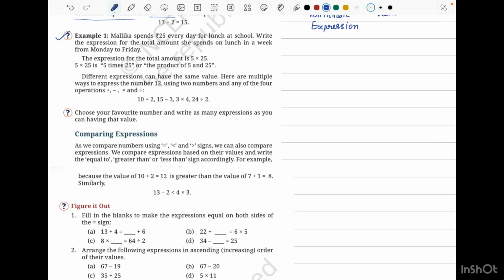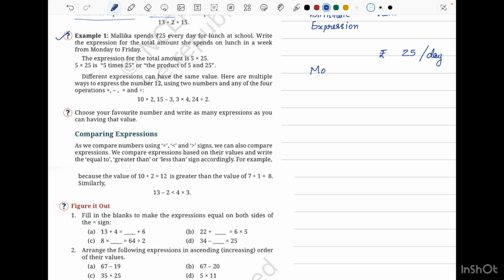Malika spends rupees 25 every day for lunch at school. Write the expression for the total amount she spends on lunch in a week from Monday to Friday.